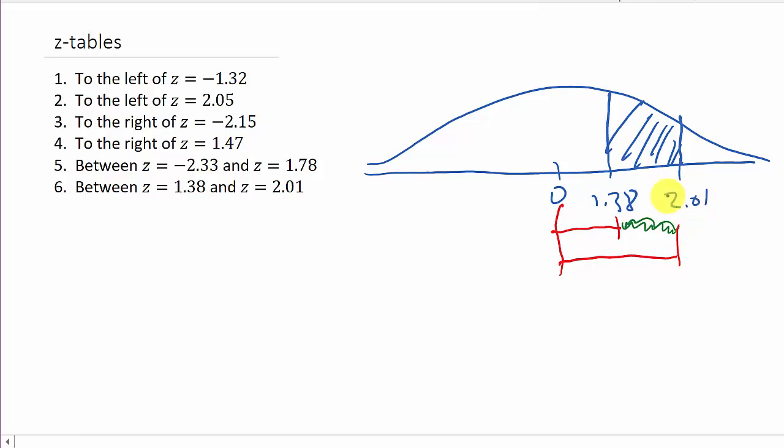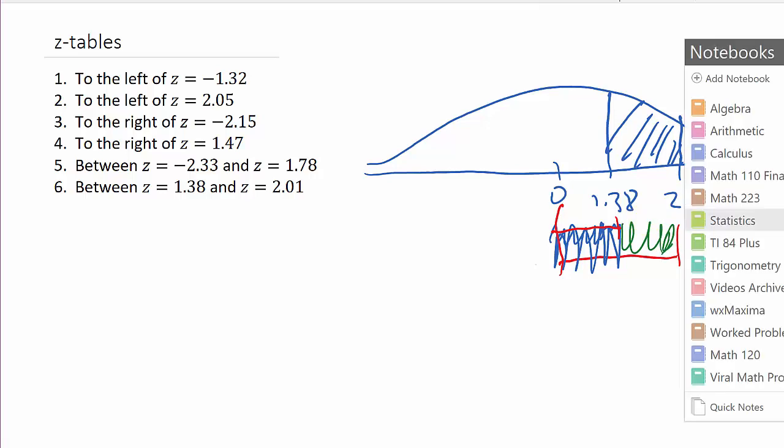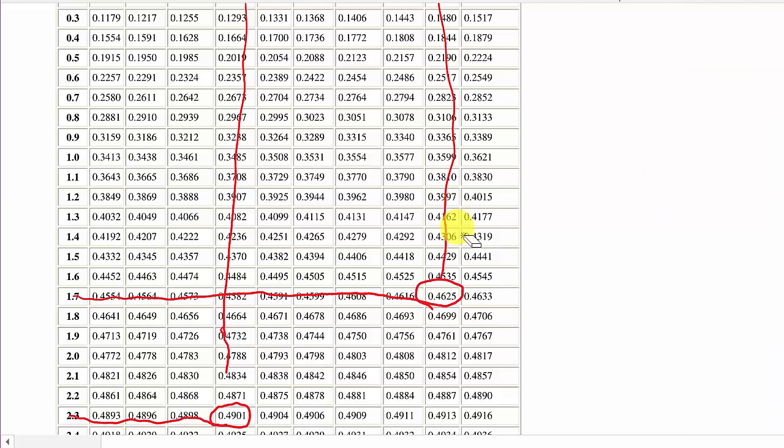So if I look up this area and this area, and subtract this area off, I'm left with just this part right here. So I'll look up the 2.01 and the 1.38, subtract them, and that gives me the area in between. Hopefully you can see how it really helps if you draw this stuff out.